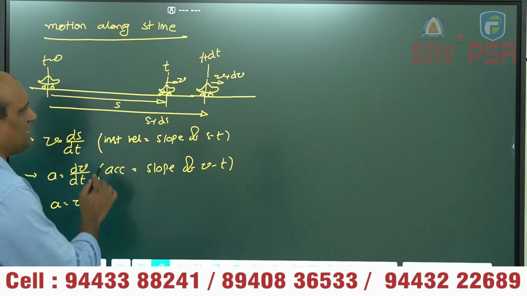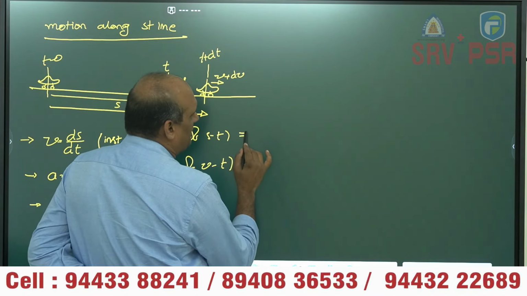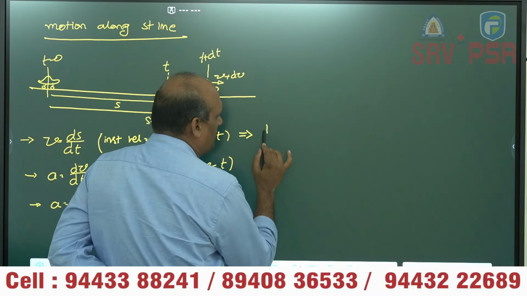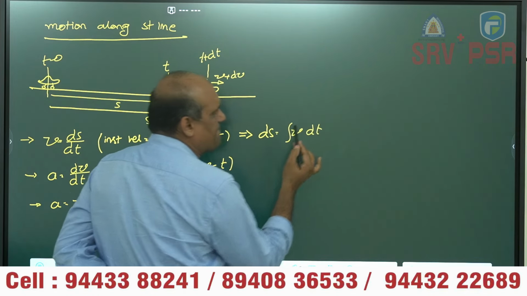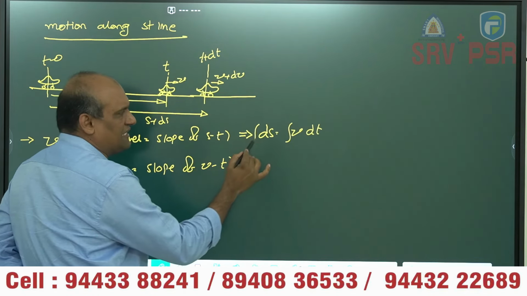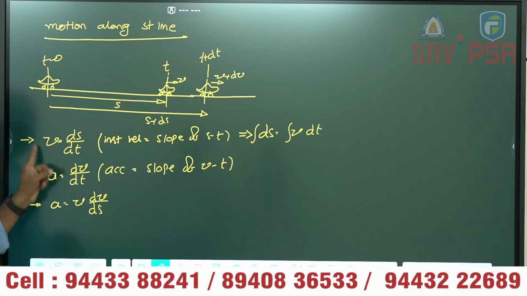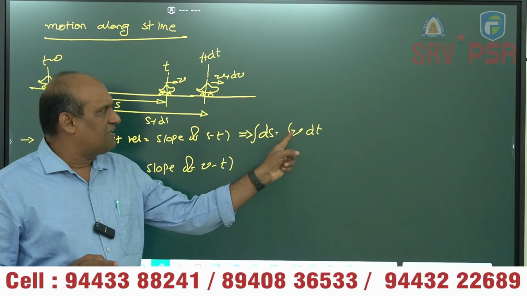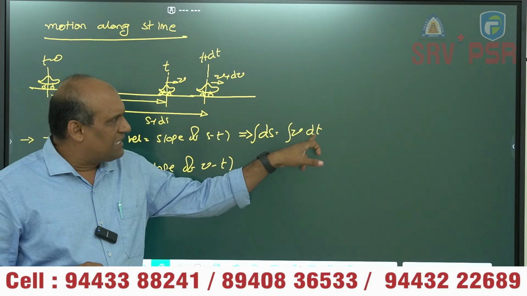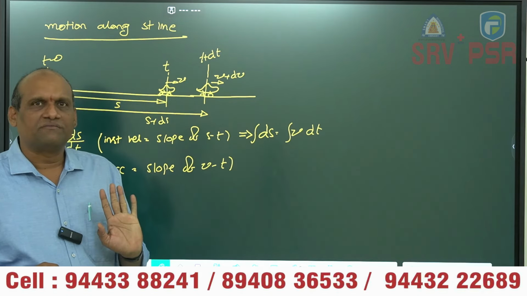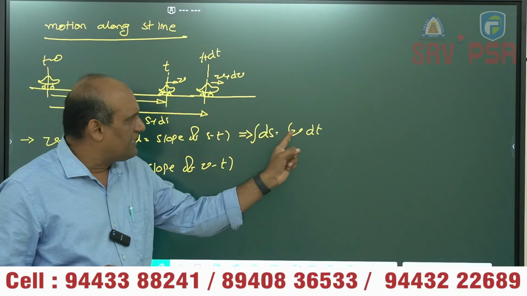And moreover I can say from here ds equal to integral of v dt. Nothing but, if I say integral, means you see cross multiply, ds equal to v dt. So integral v dt equal to the area under the velocity time graph, which gives the distance covered. Slope, area.